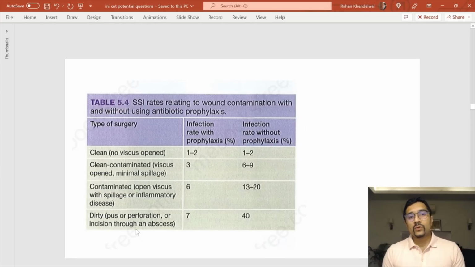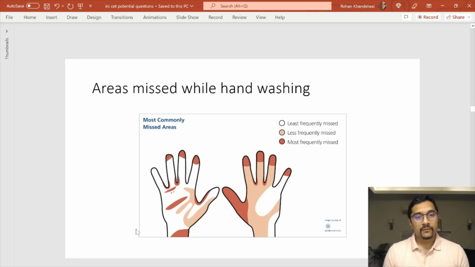For a clean wound the risk is 1 to 2%. For clean contaminated with prophylaxis it is 3, without it is 6 to 9. For a contaminated wound it is 6% with prophylaxis, without prophylaxis it is 13 to 20%. For a dirty wound, it is 7 with prophylaxis and 40 without.